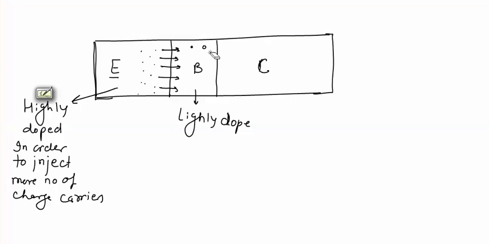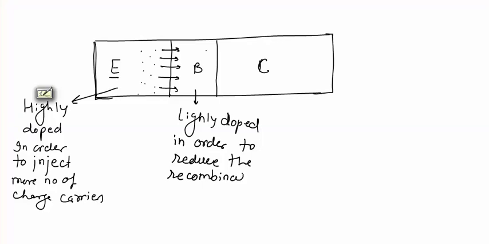Due to large number of holes in p-type region, there will be large number of recombinations in the base region. So base is lightly doped in order to reduce the recombinations in base region. In order to reduce recombination, we are doping this lightly.